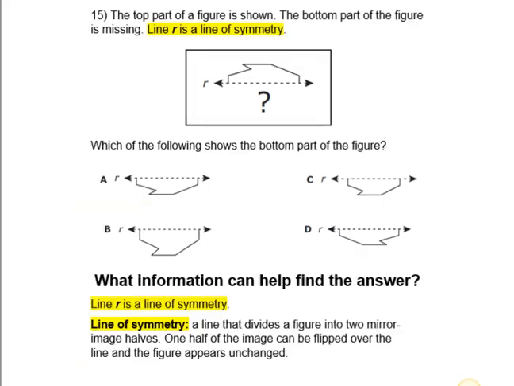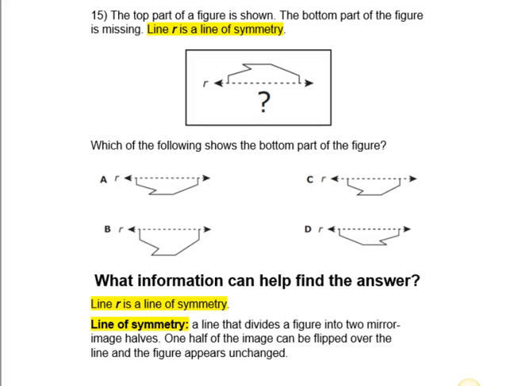What information can help us find the answer? The fact that line R is a line of symmetry is what can help us solve this problem. A line of symmetry is a line that divides a figure into 2 mirror image halves. One half of the image can be flipped over the line and the figure appears to be unchanged.